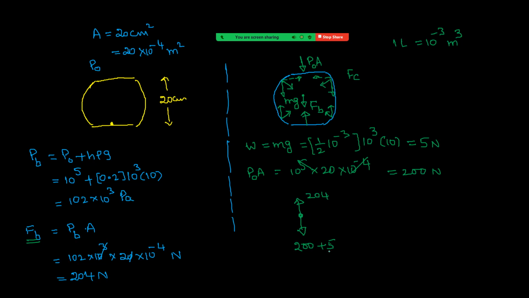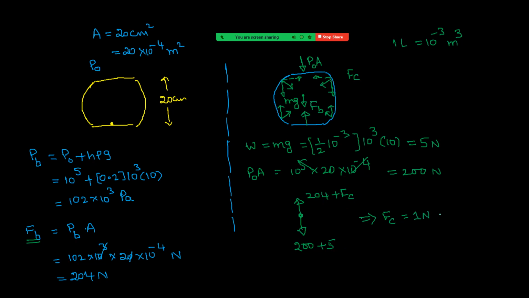When this is 205, this is 204, then by the curved part, force must be vertically upwards so that the sum is balanced. So from this we can say that by the curved part, force must be vertically upwards, and its magnitude, since this is 205 and this is 204, must be equal to 1 Newton.